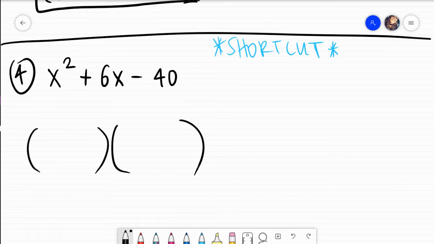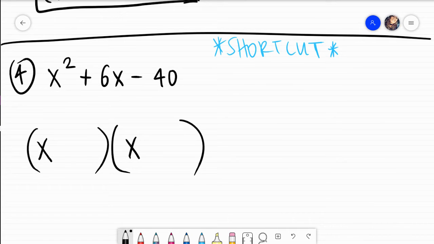So: AC method shortcut, trial and error. Because this is x squared, if I multiplied this times this, don't I get back to x squared? So this is going to be the best method to use if you can wrap your head around each step properly, and only when your A is 1.